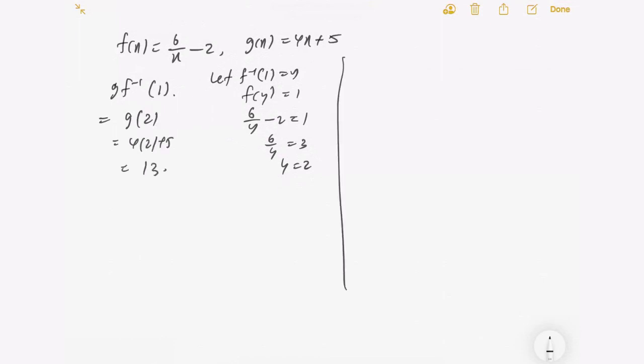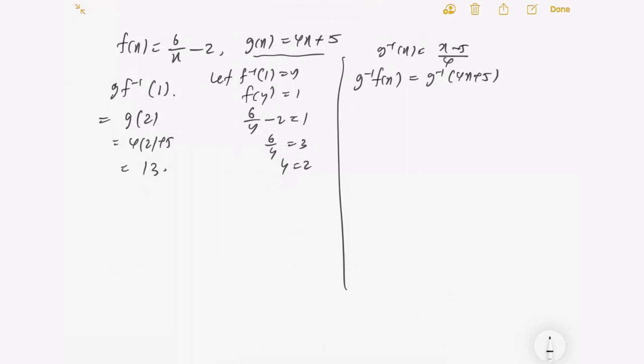But what if I want to find, let's say, g inverse f x? Now this time, you need to inverse the function. We know f x is now what? My f x is now, wait, I think I made a mistake. I put the wrong value here. Sorry, your f x is now 6 over x minus 2. Looks a little complicated. But since g is quite easy, we can inverse mentally, right? g inverse x is what? Can do it mentally? x minus 5 over 4. First you minus 5, then you divide by 4.